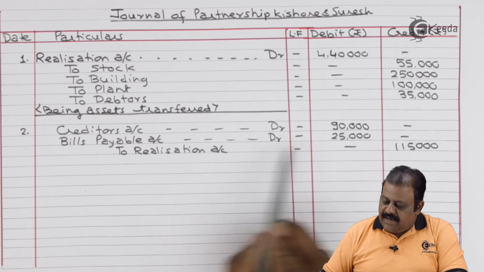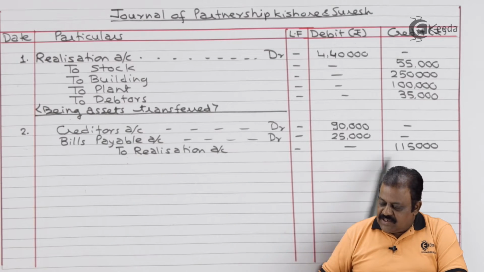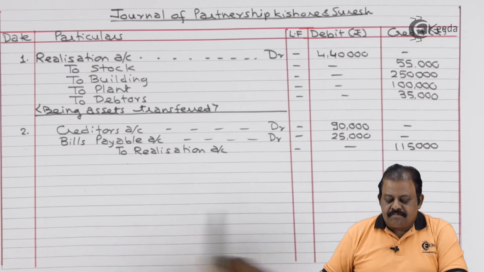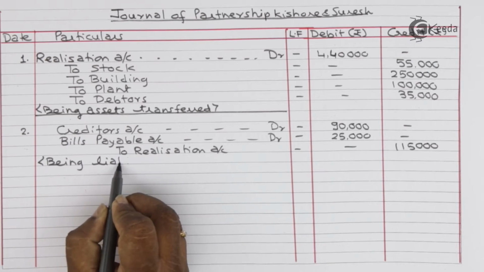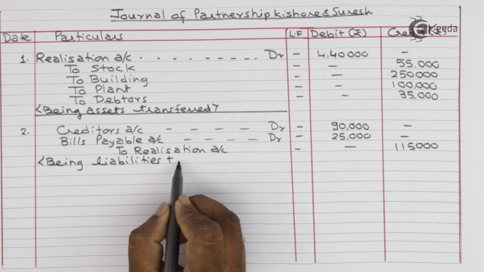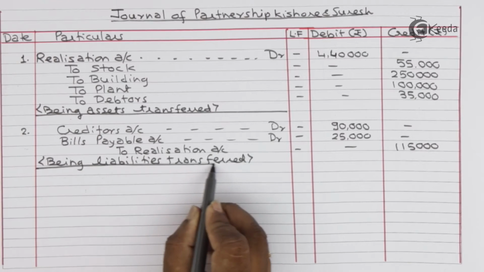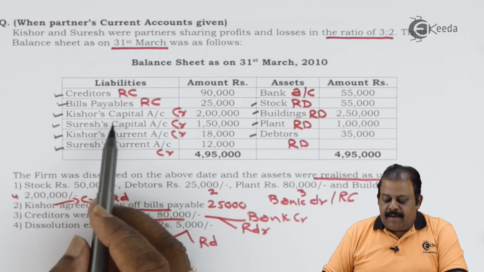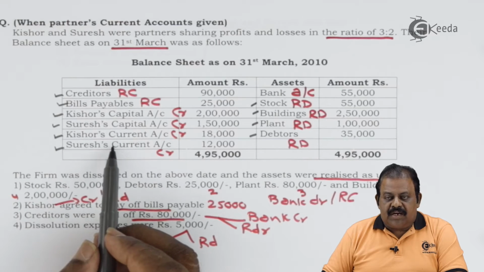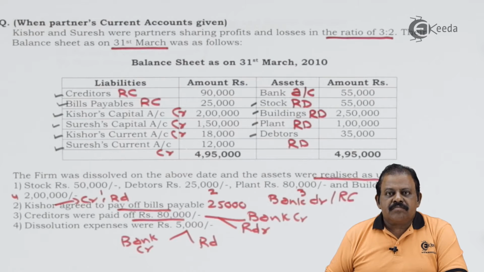Creditors account debit 90,000, bills payable account debit 25,000, to realization account 1,15,000. Partners' capital accounts are transferred to their capital accounts, current accounts to their current accounts. Cash account is transferred to cash bank account.